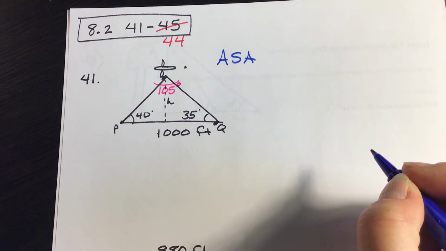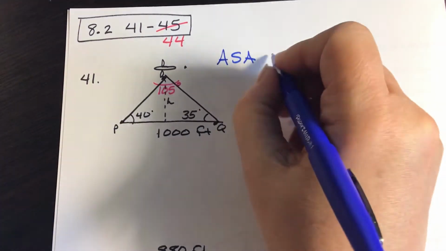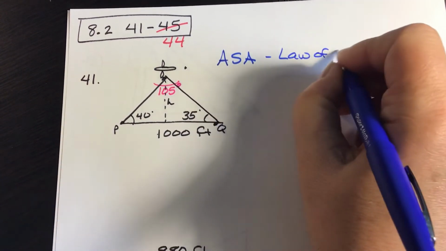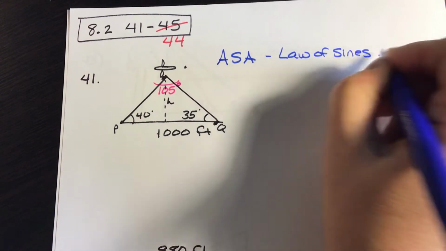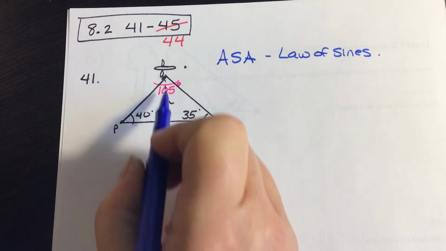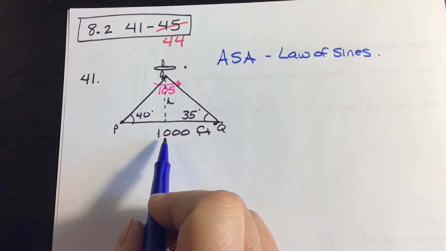And knowing that, I'm going to use the law of sines. Now, if I'm using the law of sines, I do need to have a ratio with an angle and the length of the side opposite of that angle.